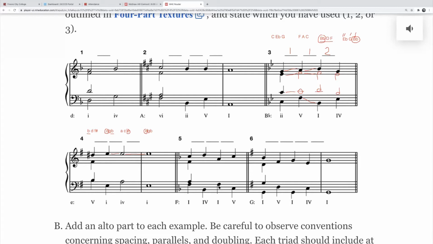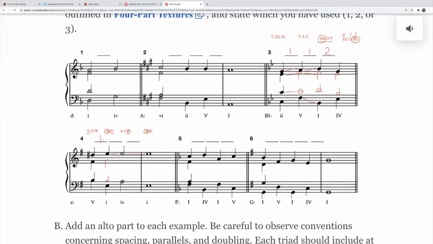I think for the first one, I would use way number 1. I would make the B the common tone, so that we keep the B in the tenor there, and then since the soprano is already moving up, we can just move the F to the G. Good.